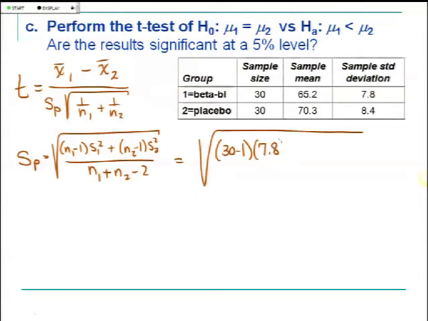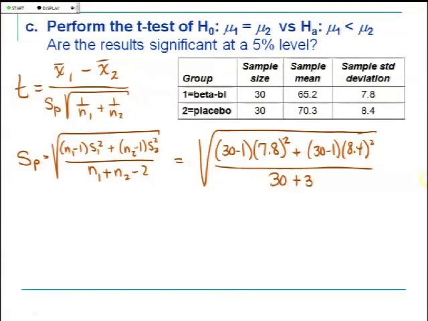And what do I have to do to 7.8? I need to square it. It can be easy to forget to square. It can be easy to drop the big, large square root along the way.